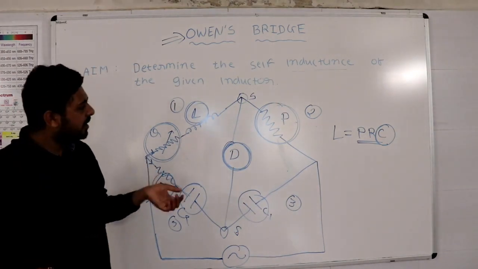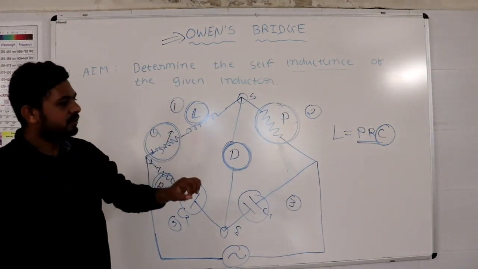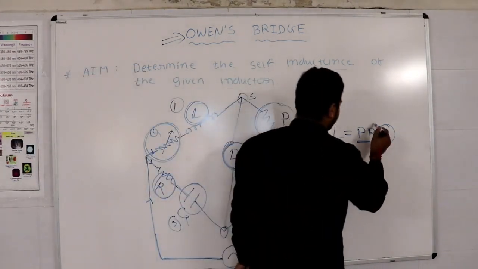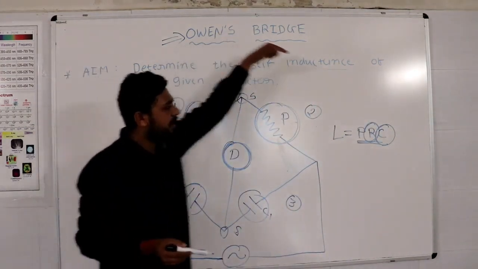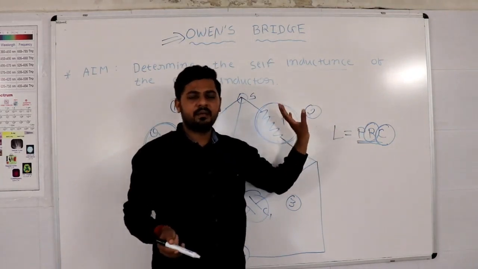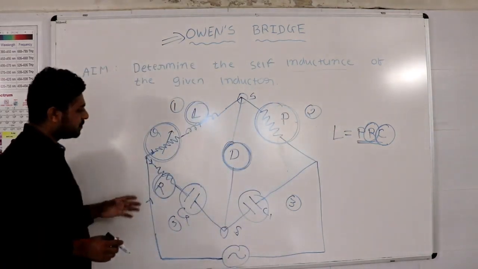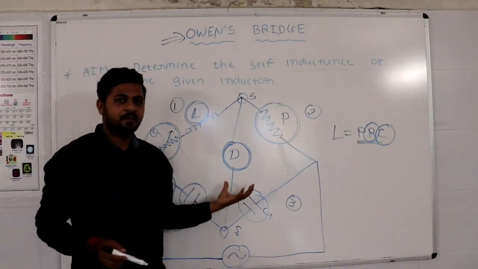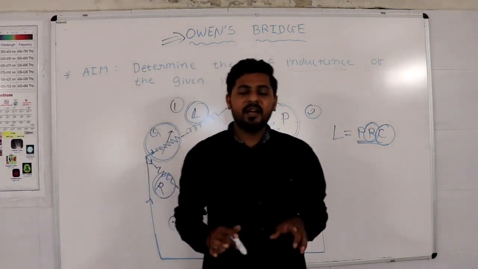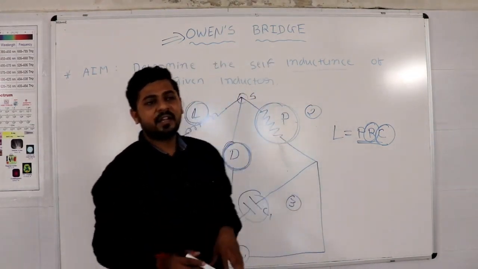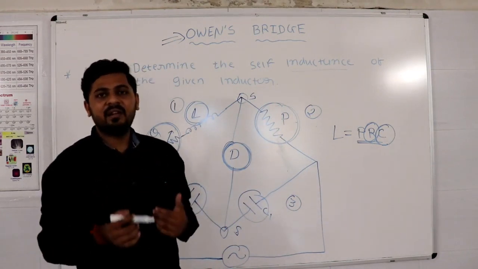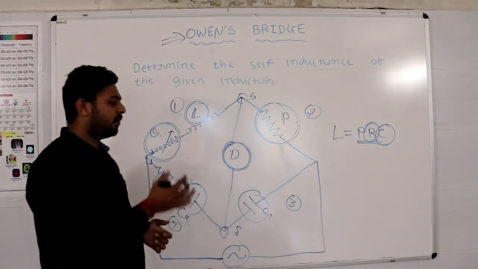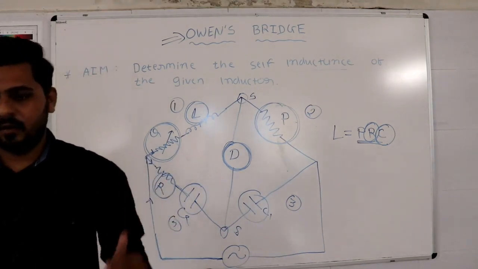But we will do something so that the value of Q is included in R or P. Okay? Good. So this is the circuit diagram. So let us go to the instrument and check how the circuit is working and how we will take readings and perform the experiment. Okay, let's go.